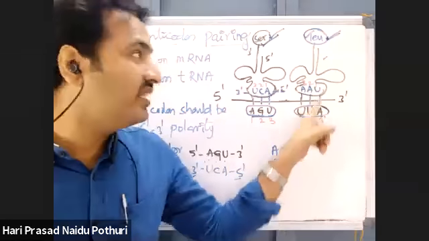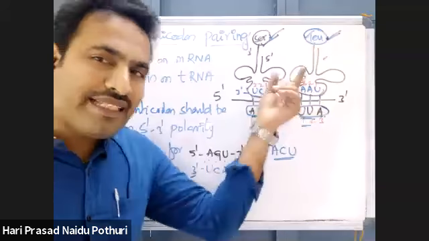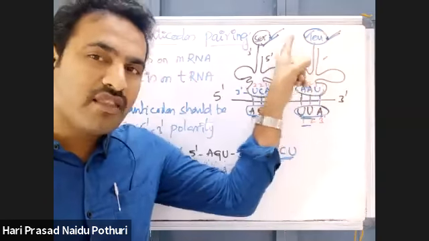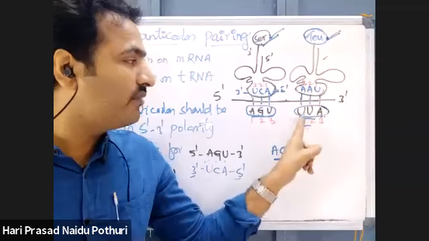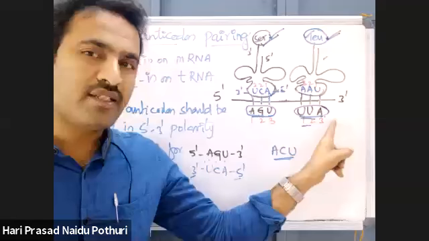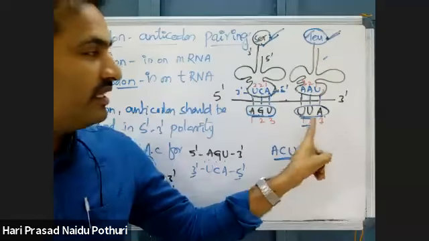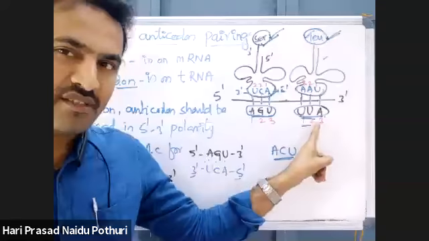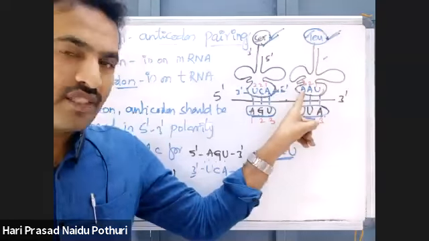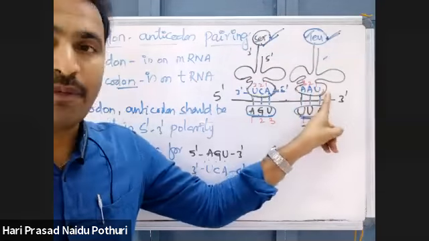Which tRNA is bringing this leucine here? The tRNA molecule bringing leucine should combine with this UUA. So UUA is there on mRNA, and it is binding with the anticodon, which will be AAU in 3 prime to 5 prime direction.